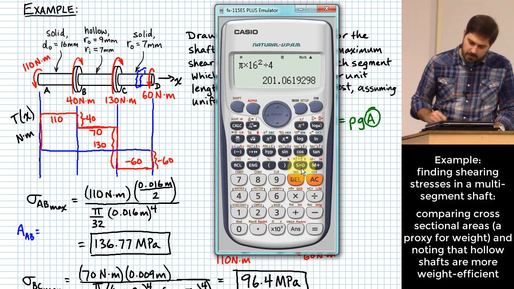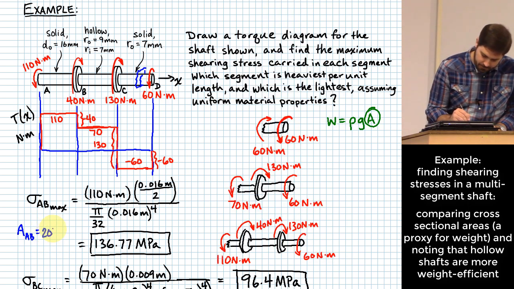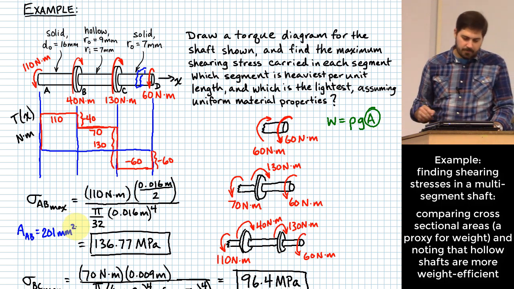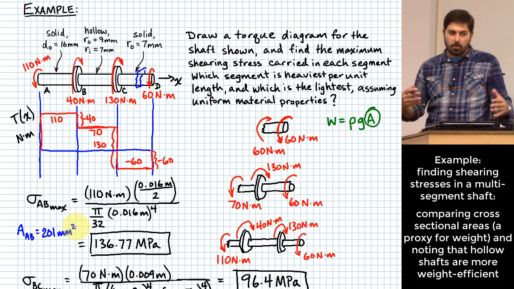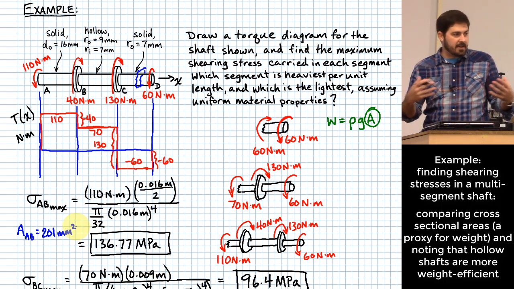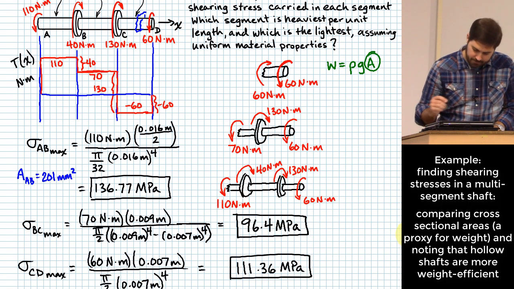So 201 or so square millimeters. And that's a number proportional to how much weight this has per unit of length.